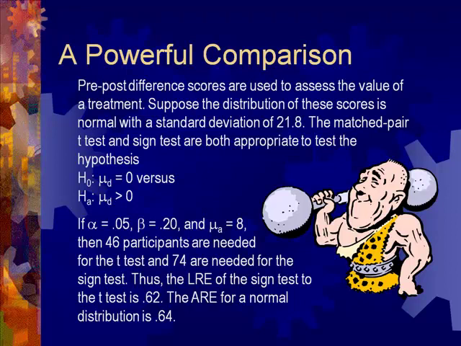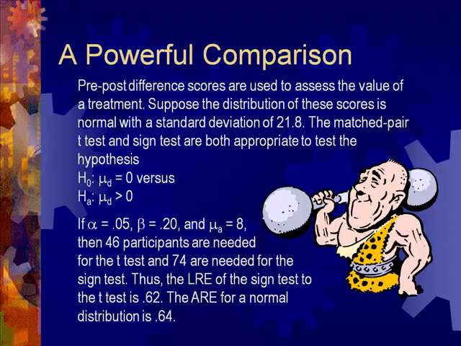So if I'm looking at the local relative efficiency of the sign test to the t-test in this particular circumstance, when we have set alpha, we've set power, we've set effect size, and we know what the distribution is, then we can take 46 divided by 74 to find out that the local relative efficiency of the sign test to the t-test is 0.62.